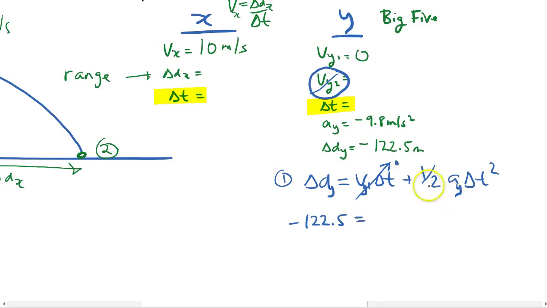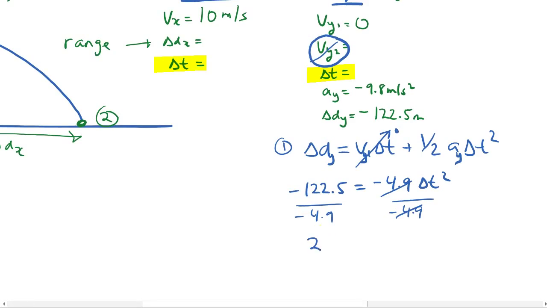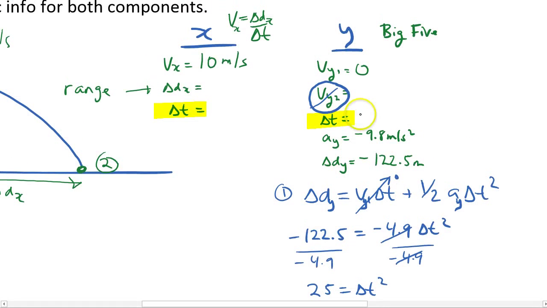It's going to be equal to 1/2 of negative 9.8, so it's negative 4.9, multiplied by delta t squared. And so I divide both sides by negative 4.9, and this part cancels out. This works out to, I believe, 25 is equal to delta t squared. So when I square root, I get delta t is equal to 5 seconds. And we kind of knew that the 122.5 meter cliff, it takes 5 seconds for an object to hit. So we got a 5 here.